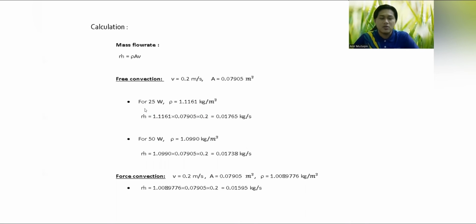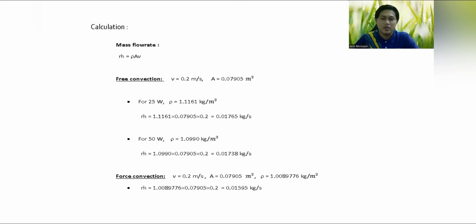For 25 watt, we use ρ equal to 1.1161 kilogram per meter cube, so we got m equal to 0.01765 kilogram per second. For 50 watt, we use ρ equal to 1.990 kilogram per meter cube, and we got m equal to 0.01738 kilogram per second.